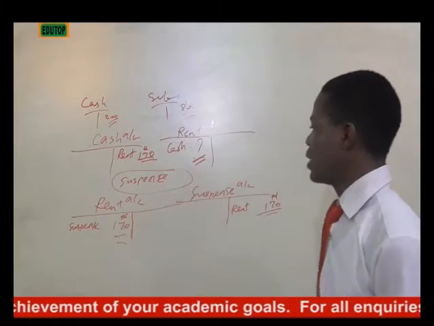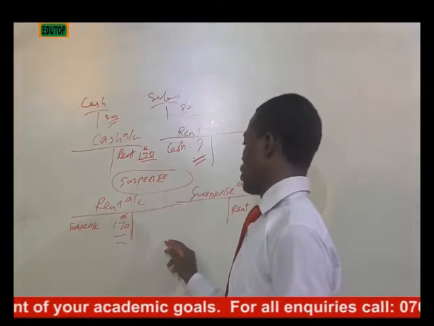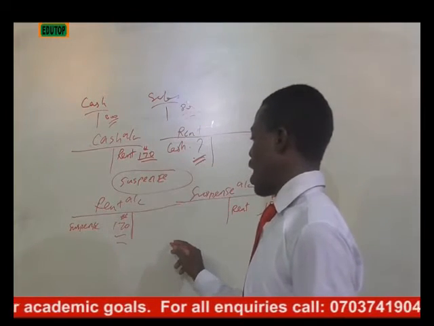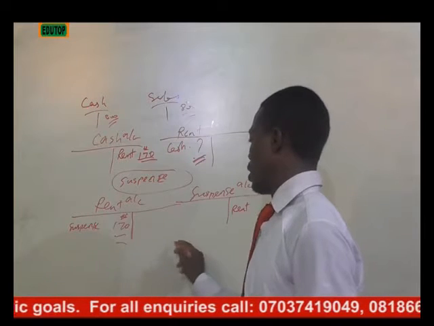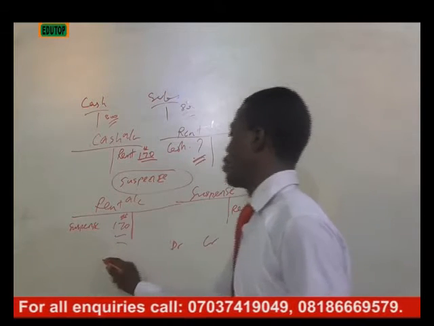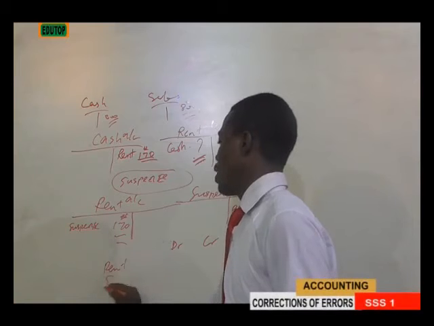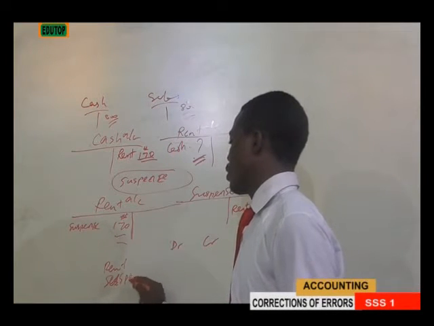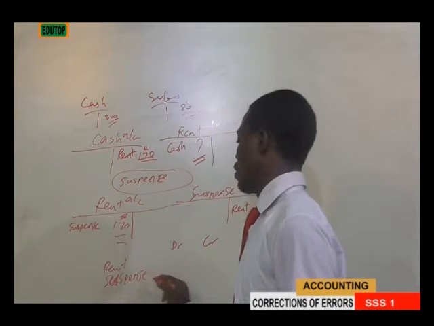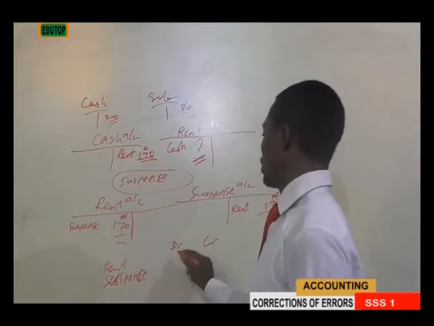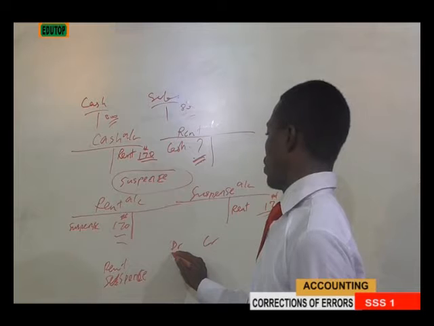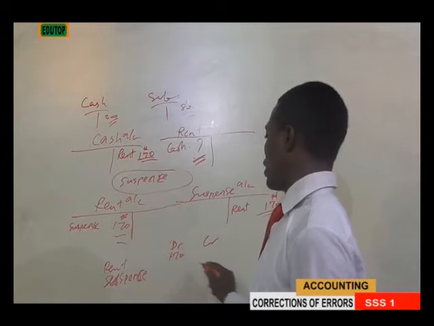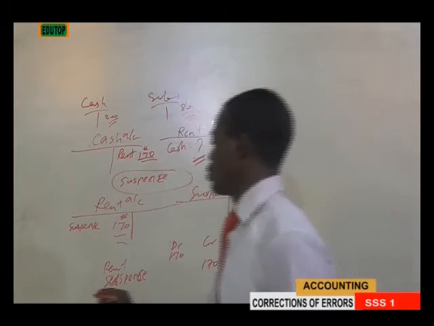Then you prepare the journal: debit, credit, so rent and suspense, this is 170 and this is 170.